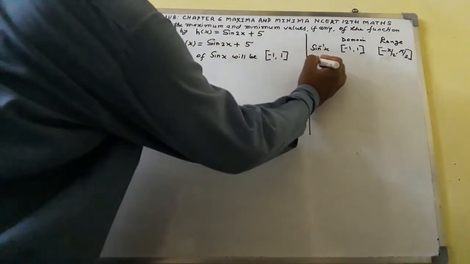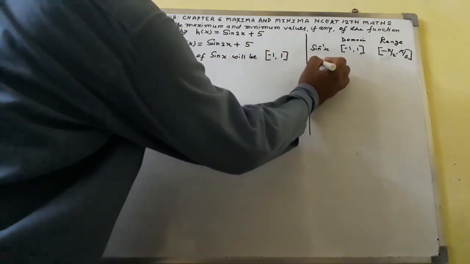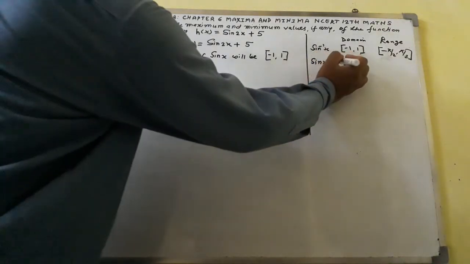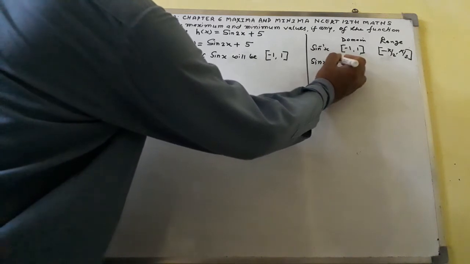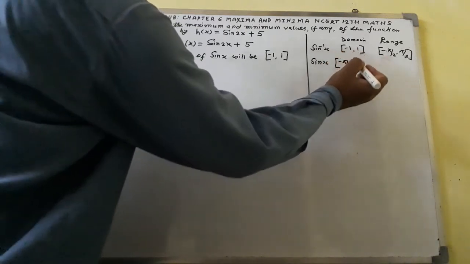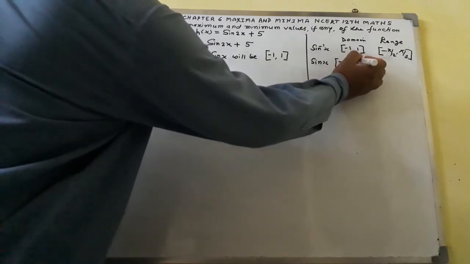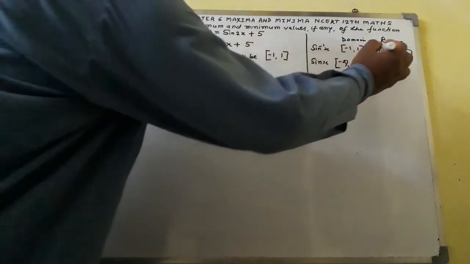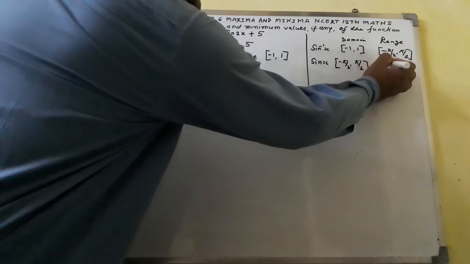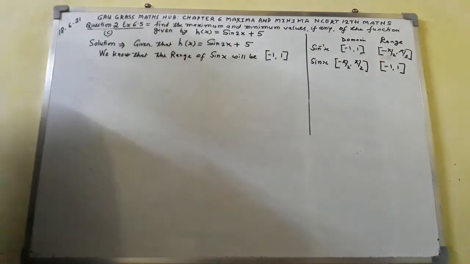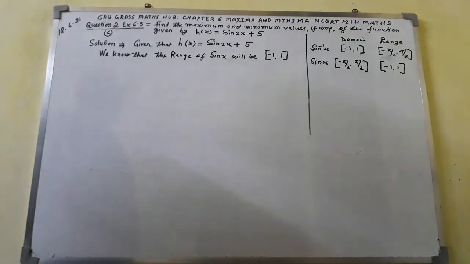And sin x is just the opposite: the domain will be the closed interval -π/2 comma π/2 and the range will be the closed interval -1 comma 1. This we have got.